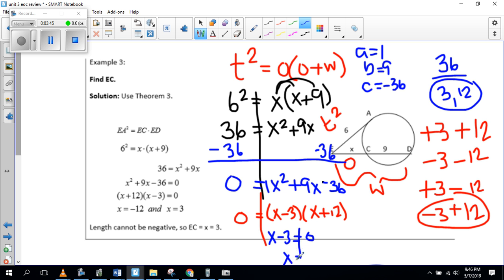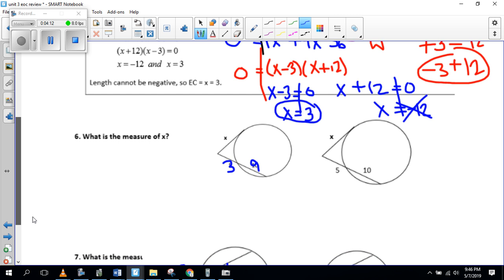So X is going to equal positive 3. And then we set X plus 12 equal to 0, and so we get X equals negative 12. Once again, we cannot have a negative number for the length, so negative 12 cannot be our answer. The only possible answer is X equals 3.